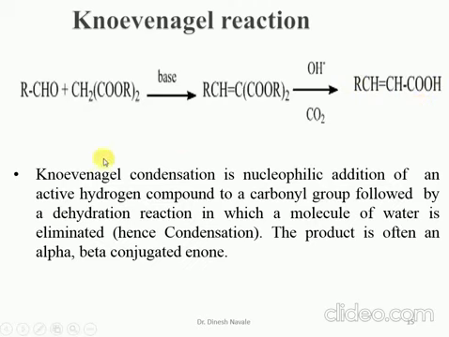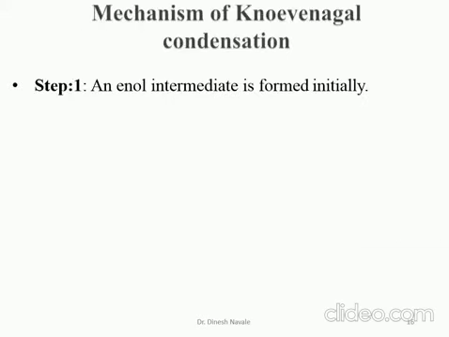So in simple language, Knoevenagel condensation is the nucleophilic addition of an active hydrogen compound to a carbonyl group like aldehyde or ketone, followed by the dehydration reaction in which a molecule of water is eliminated. That's why this reaction is called the Knoevenagel condensation, and the product is often an alpha beta conjugated enone system.